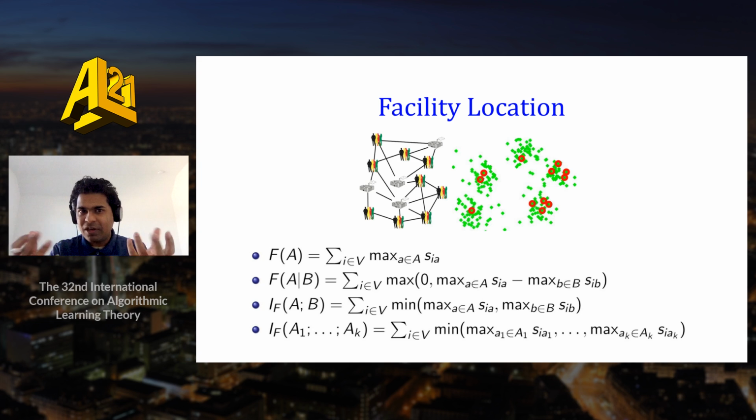Max, recall, is the representation between the two sets of each item i, and here we are taking the minimum amongst the maximum representations. In our paper, we look at a few more examples and instantiations of this.